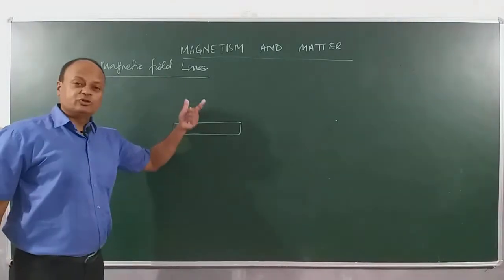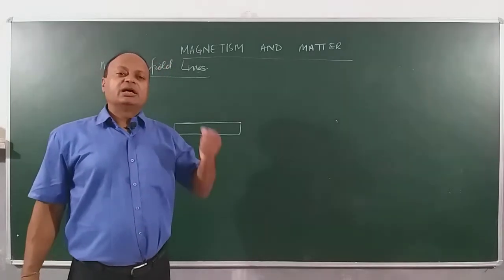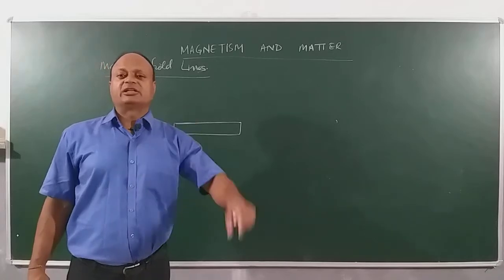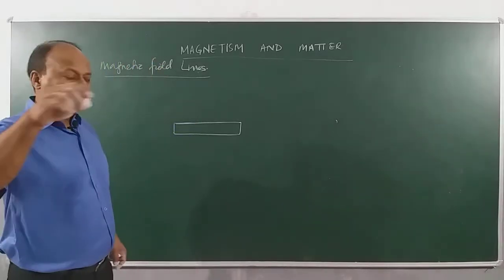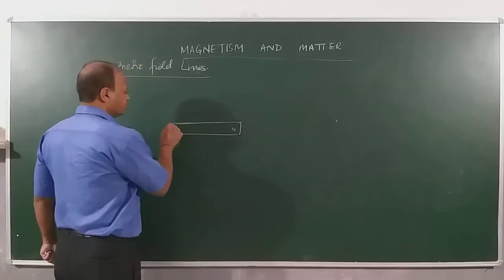So, magnetic field lines, you know the definition already. A magnetic field line is a line or a curve so that a tangent drawn at any point gives the direction of magnetic field at that point. Clear? Now, let us see. So, this is north pole and this is south pole.